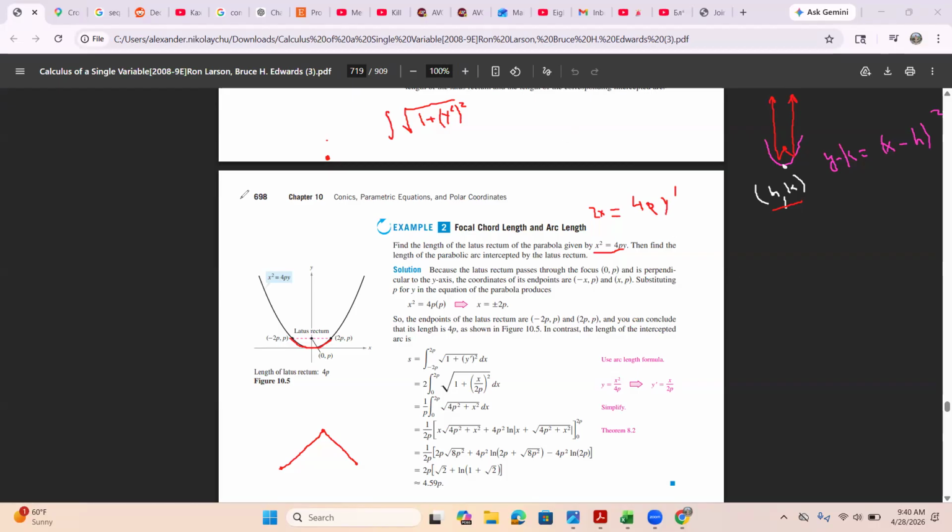So y prime is going to be this 2x over 4p, right? So I just use the formula, plug things in, and see if we can integrate it. I don't think it'd be that easy, so we'll stop at that stage and let you enjoy this yourself, if you want to.